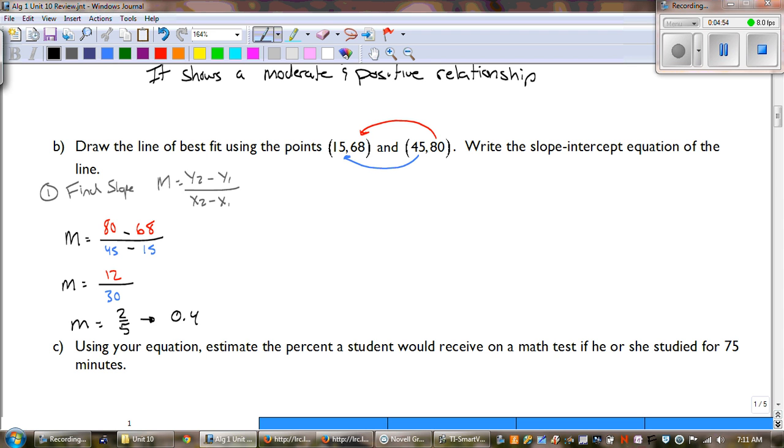Okay, now that we have that and we found the slope, we need to go into point slope to find the equation. And remember that point slope is y minus y1 equals your slope times x minus x1.